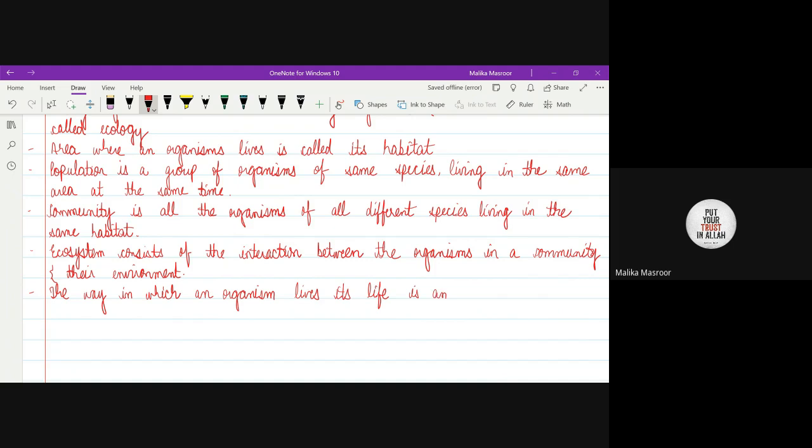So just like you can call it your job description. So what is your job description? I mean, you don't work obviously. So you are a student, right? All of you are students, right? It's a job description. Job exactly isn't work. It's like what you do. My job description is also I'm a student, right? And I'm a teacher as well, right? So the way in which an organism lives its life in an ecosystem is called its niche.